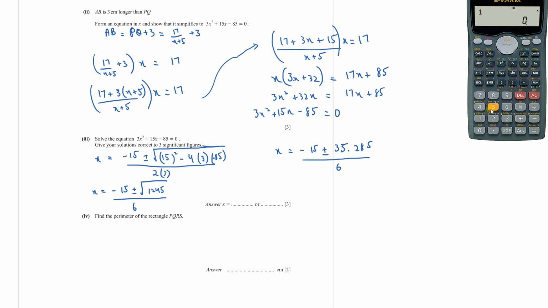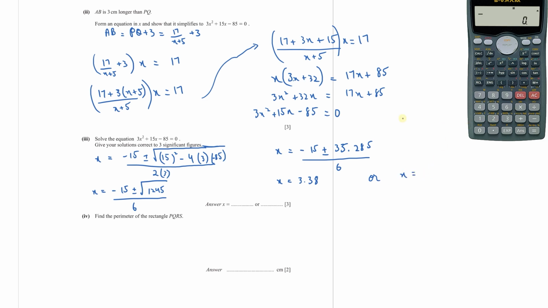First, this will be 35.285 minus 15, and then divided by 6. So you will get x equals, correct to three significant figures, 3.38.